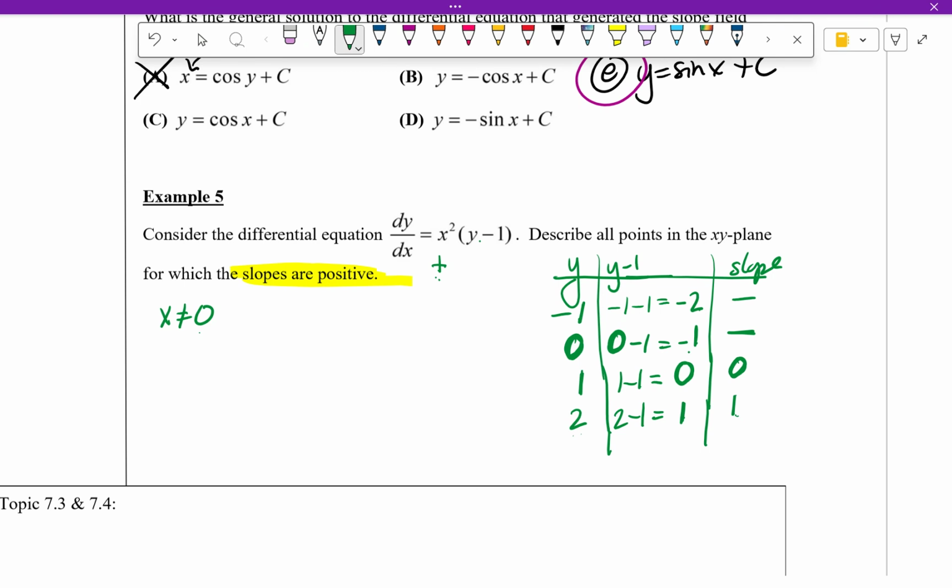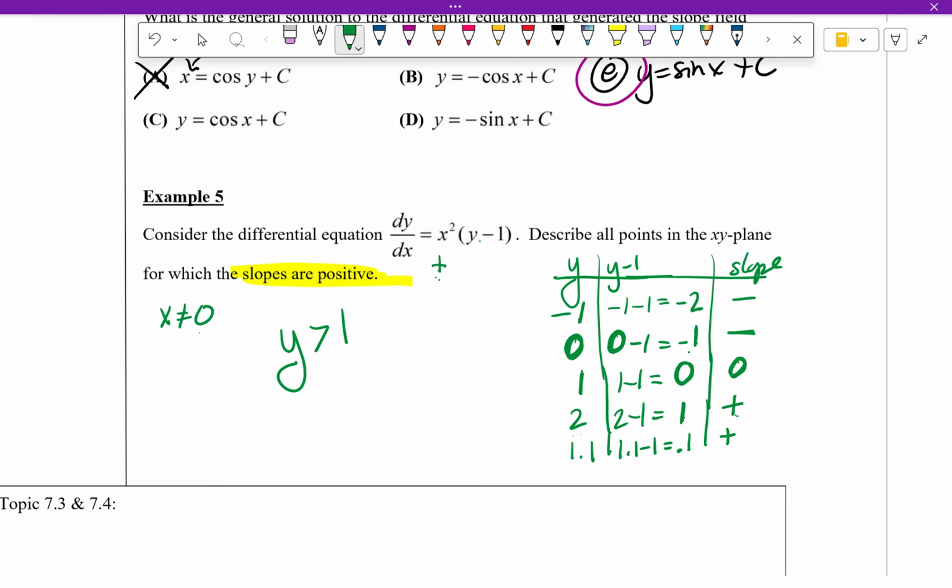What would happen if I put in 1.1? Would I get a positive slope? Yeah. So it's not that y is greater than 2, it's greater than what? 1. Y greater than 1. I don't want to include 1 because 1 makes it 0. But as soon as I am above 1, even a little tiny bit, I know that I've got a positive.